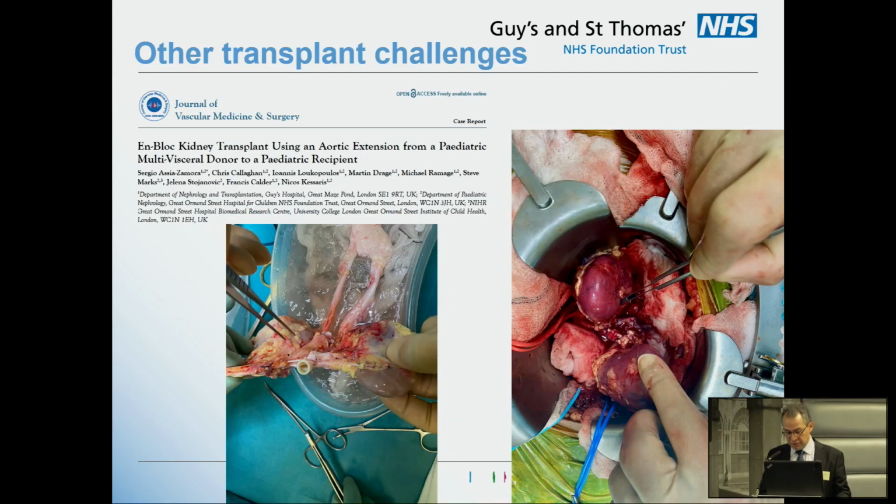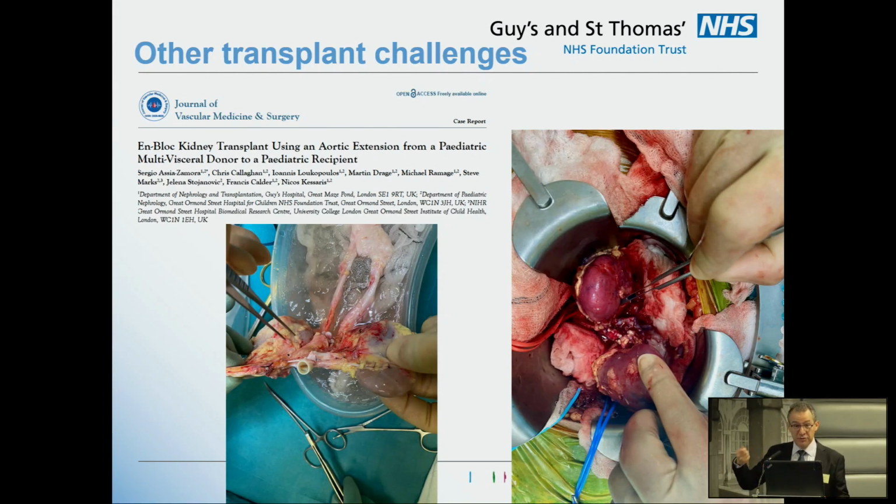So this is one en bloc we did 2 or 3 years ago at GOS. The unusual aspect was that they were taking small bowel as well, and liver and everything. So they were very generous with their dissection. They took the aorta up to the renal vessels, including a bit of the right renal artery.